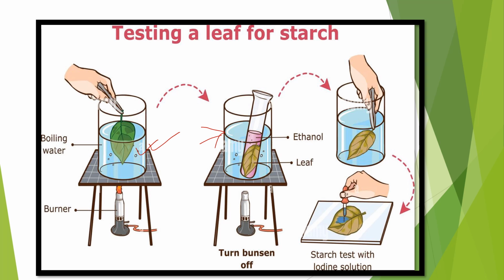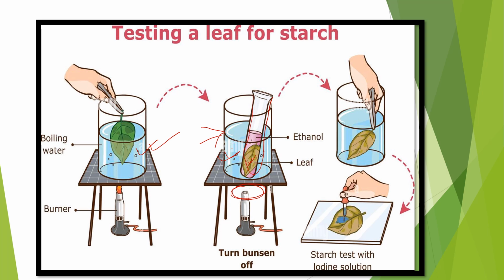But we can't boil the alcohol directly. So we are boiling the water and keeping a test tube full of ethanol inside it. Inside that we are inserting the leaf, and we have switched off the Bunsen burner, because if the alcohol begins to boil with the Bunsen burner on, it will cause an accident.